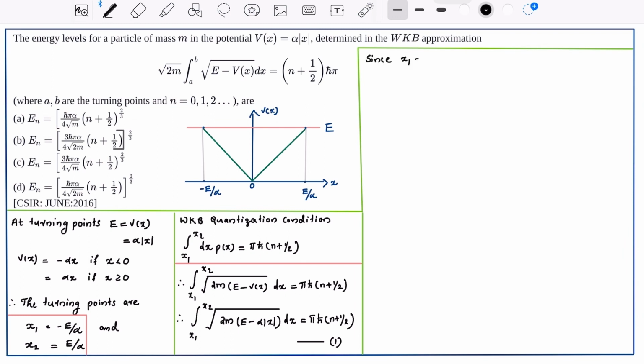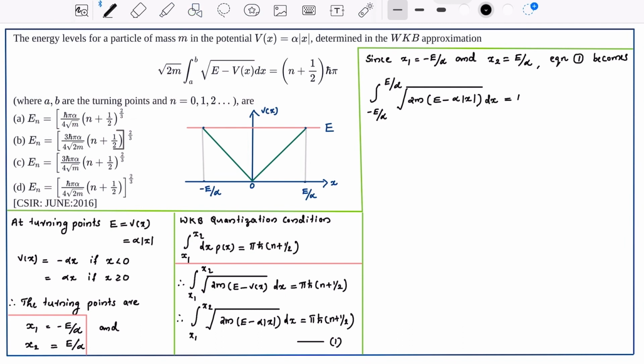Since we have the turning points x1 equal to minus E by alpha and x2 equal to E by alpha, equation 1 becomes integral from minus E by alpha to E by alpha of square root of 2m into E minus alpha mod x dx, equal to pi h bar into n plus half.